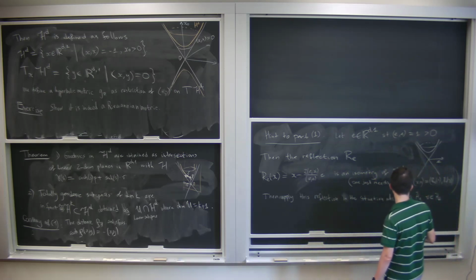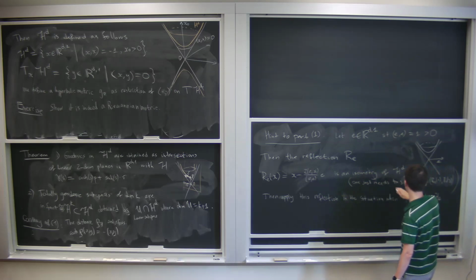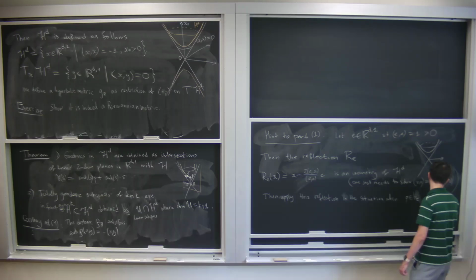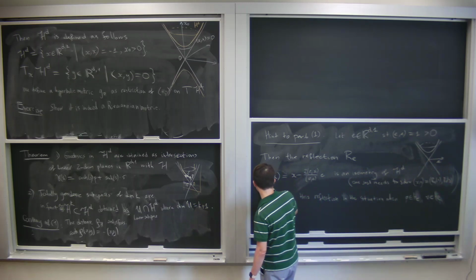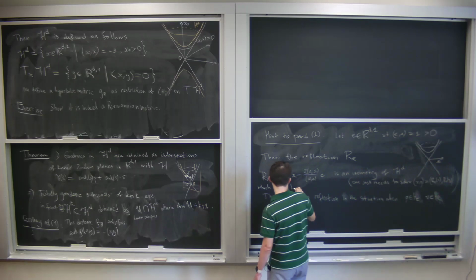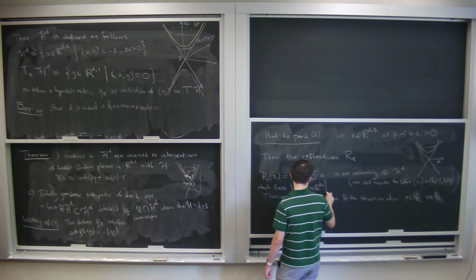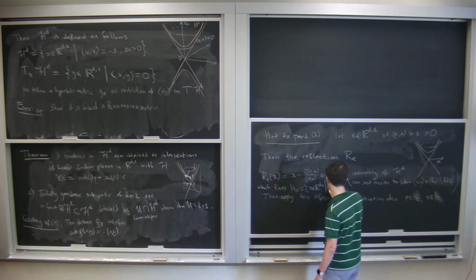Yeah, by the way, I didn't define H_E. So let me write it this way. It's an isometry of H^D which fixes H_E, which is the set of all X in R^{D,1} such that the scalar product of X and E is 0, right?